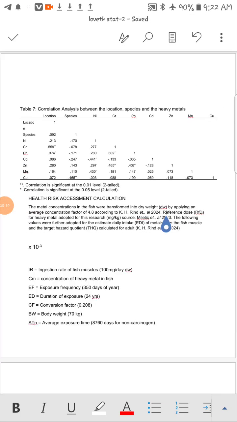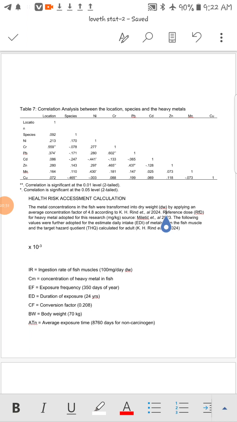But since it doesn't, then we can just adopt a conversion factor value, as stated, by applying an average concentration factor of 4.8 according to KH Rind et al., 2024. What 4.8 means is a 480% conversion factor.